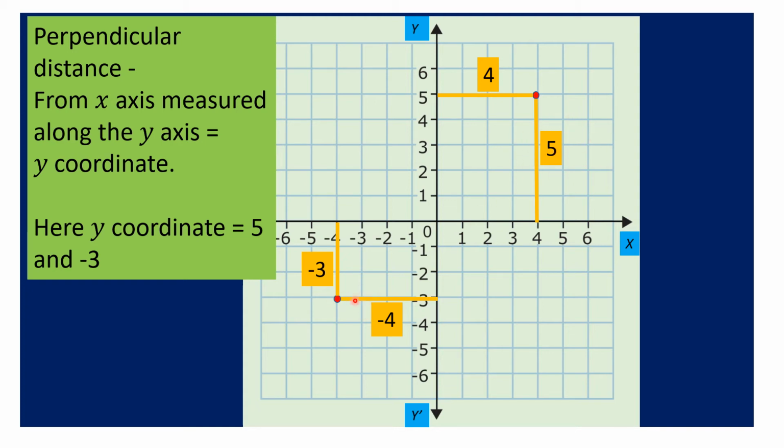Now, what is the y-coordinate of this point? It's -3. Why? Because it is the perpendicular distance measured from the x-axis along the y-axis, called the y-coordinate.